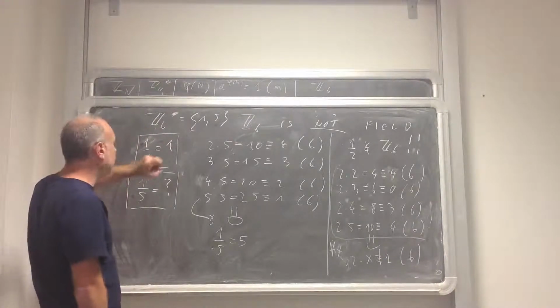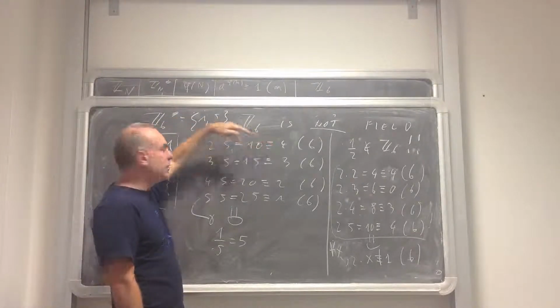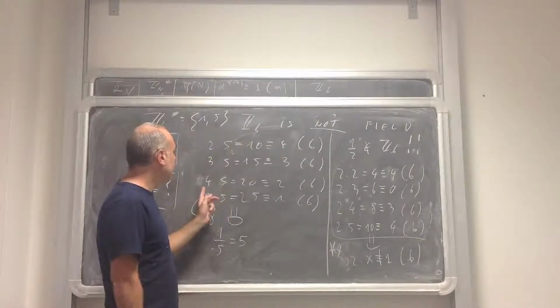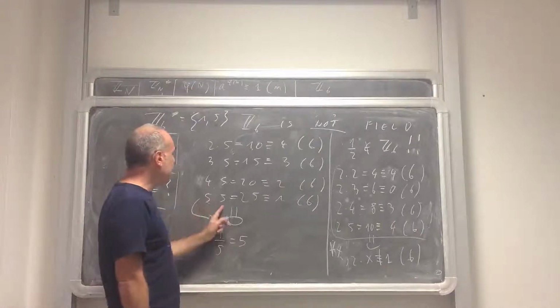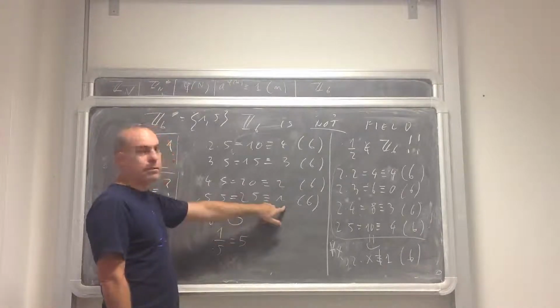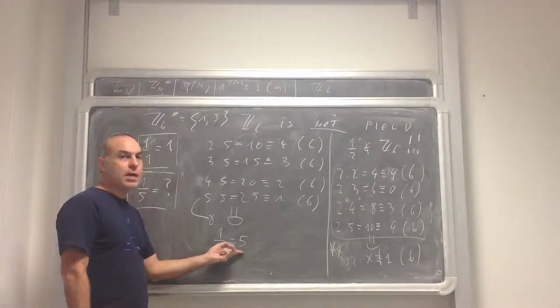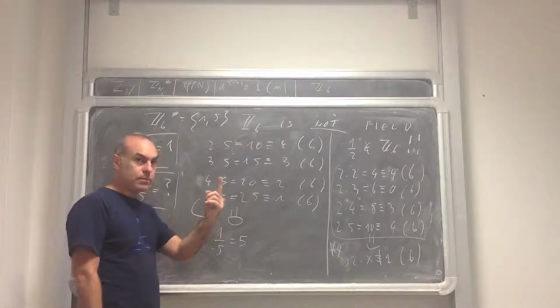Well, we have to look for it. 2 times 5 is 10, which is 4. 3 times 5 is 15, which is 3. 4 times 5 is 2. 5 times 5 is 25, which is 1. So the inverse of 5 is 5, because 5 times 5 is 1.